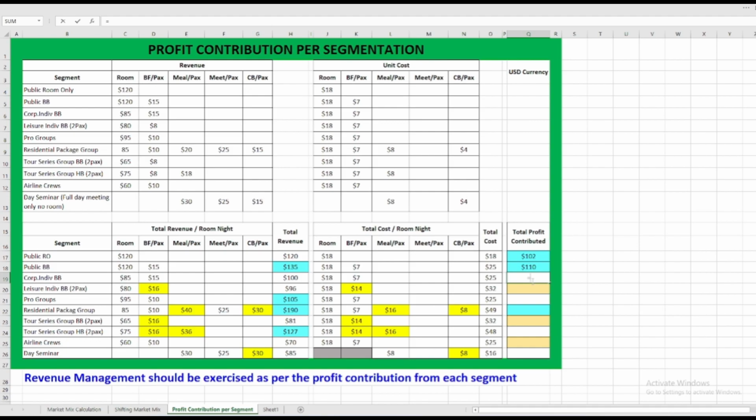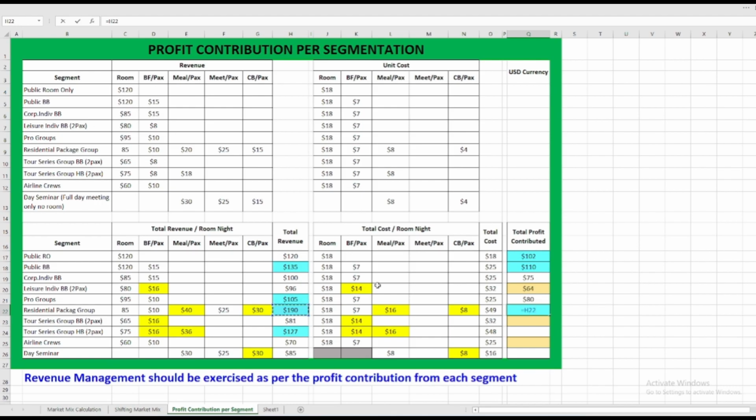The same as corporate individual, revenue $100, take out cost 25, so profit 75. The same as the leisure individual bed and breakfast, revenue 96 minus cost 32. Same as professional group, revenue 105, deduct cost 25.